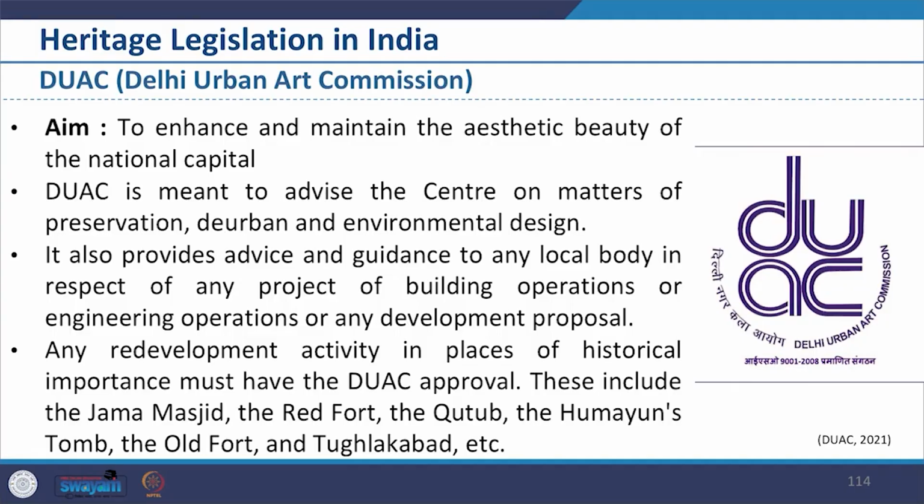Now moving on to the Delhi Urban Art Commission, it is a statutory body formed by an Act of Parliament in 1973. It was established in 1974 with an aim to enhance and maintain the aesthetic beauty of the national capital.